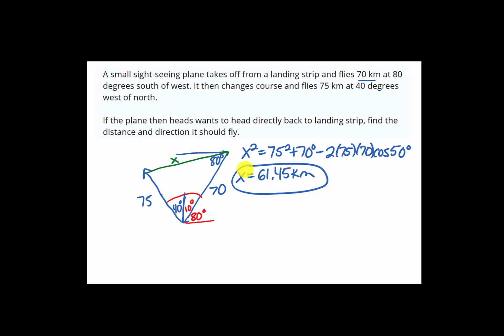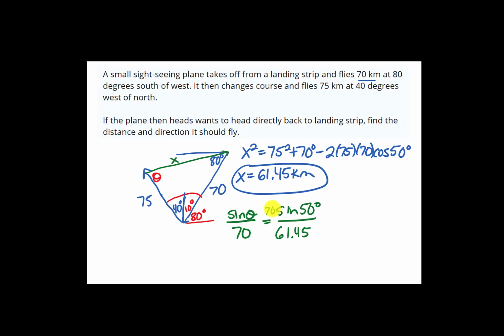Now we need to see how we can get the angle that this is going to head. So let's figure out this angle in the triangle, and then that can help us figure out what we need for the direction angle. So I have an angle and a side opposite pair. So sine of theta over the side opposite, 70, equals the sine of this angle we have here, which is 50 degrees, over the side we just found, 61.45.